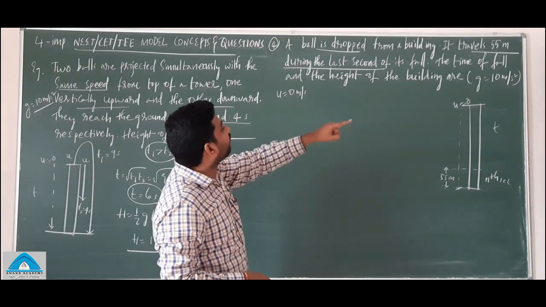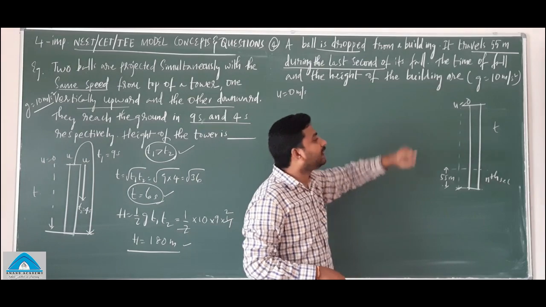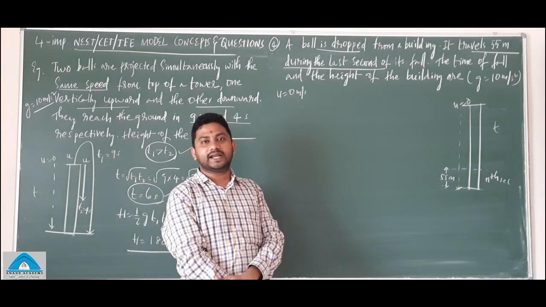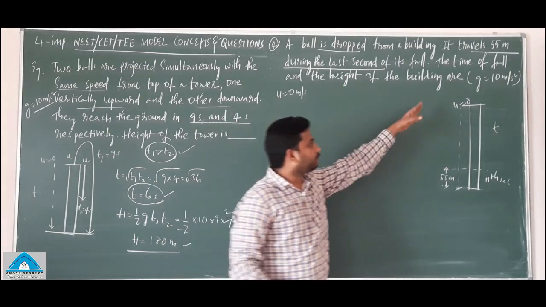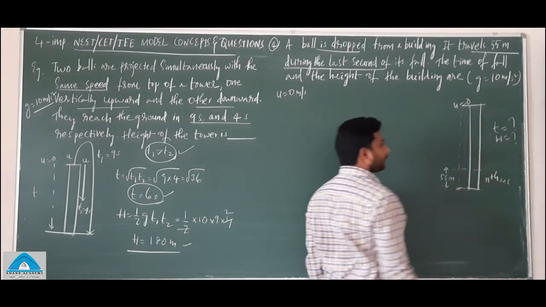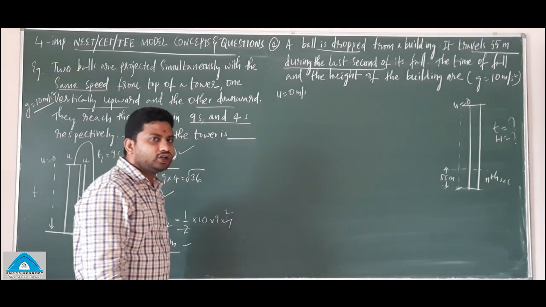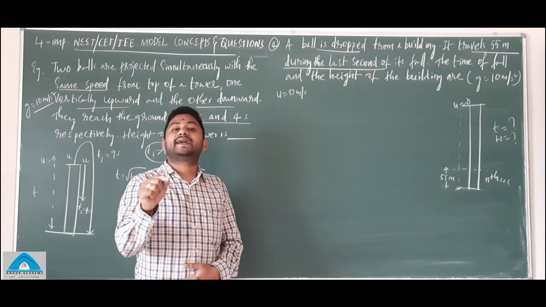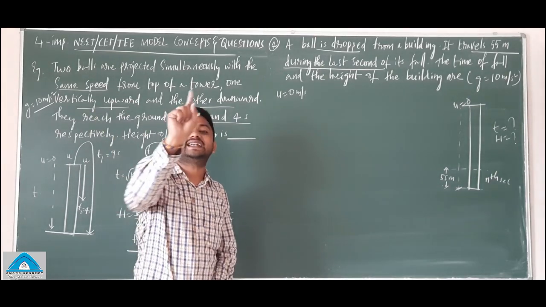Right? The time of fall and the height of the building you need to find. Total time of the fall and height of the building. Are you ready? So the question is based on the distance traveled by the body in the nth second.